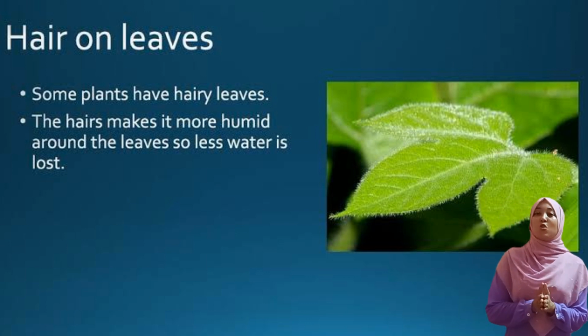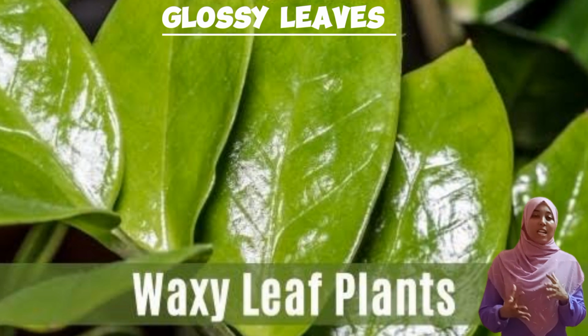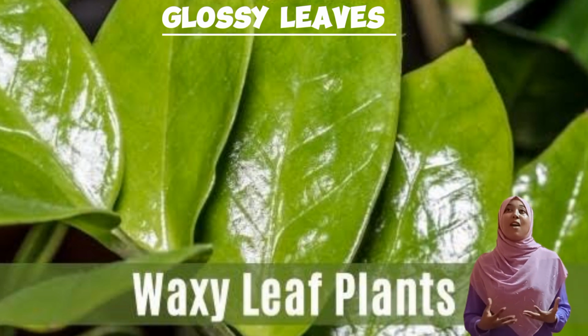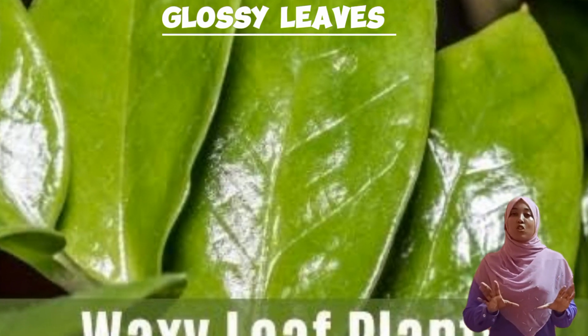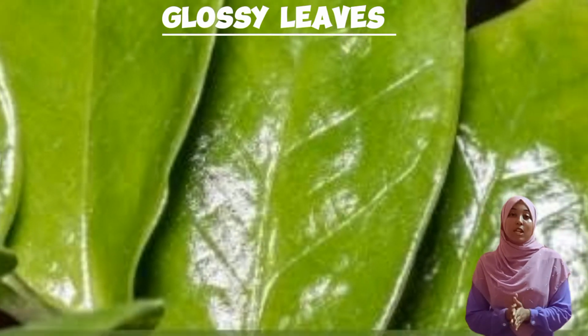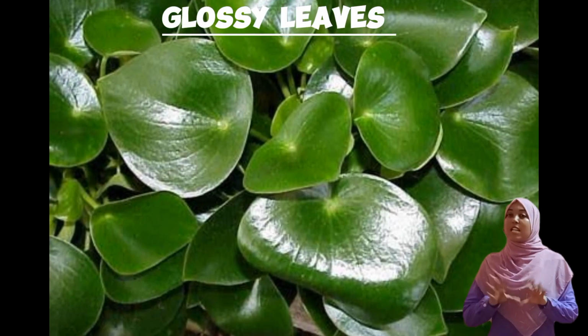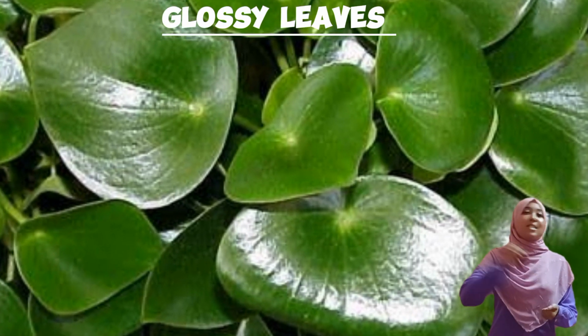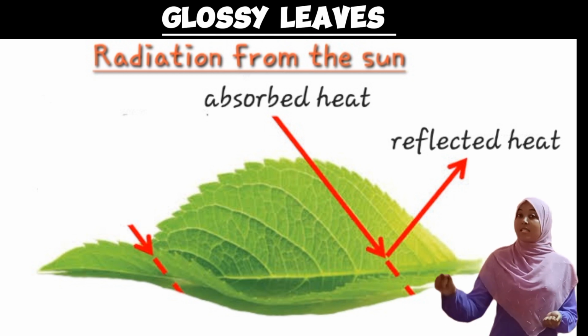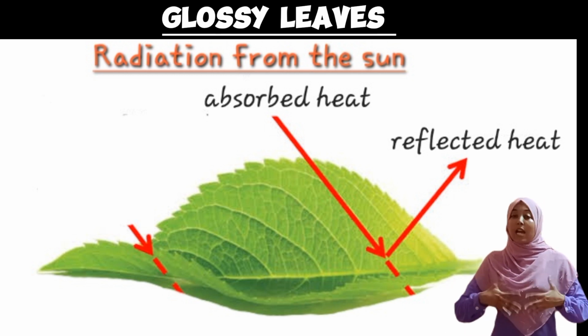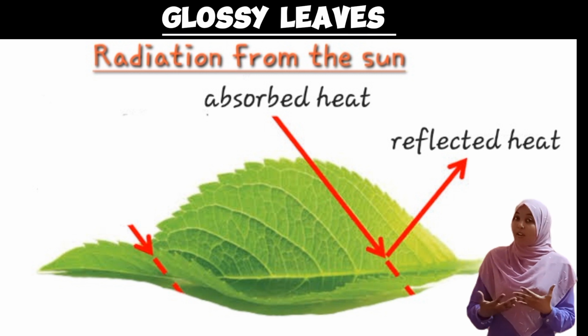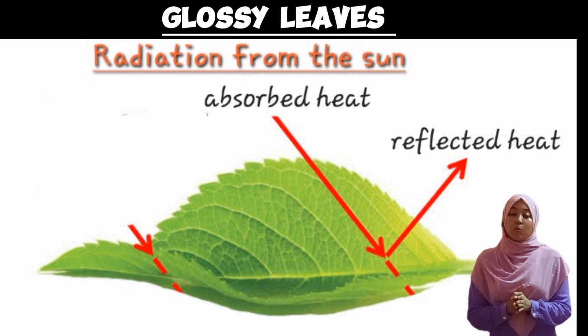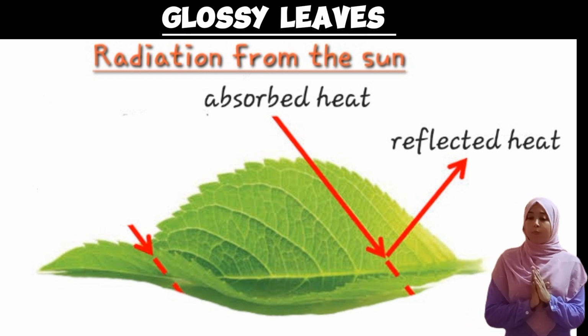Now, moving on to another one, glossy leaves. Now, some plants have a shiny layer of cuticle that is found on the surface of the leaf. So what happens is that this shiny cuticle reflects the light. Now, by reflecting the light, they prevent internal heating of the leaf and therefore reduce the rate of transpiration. Okay, let me break it down.